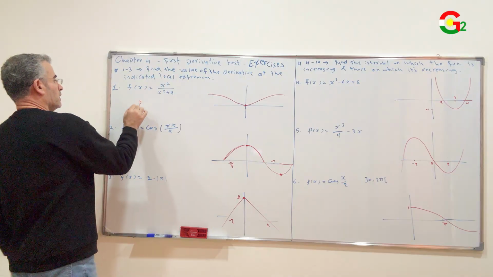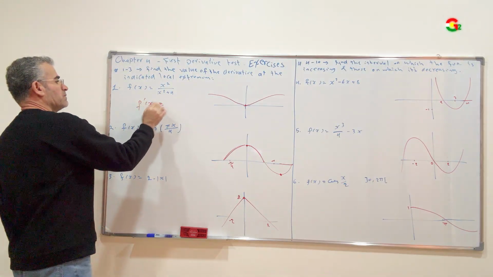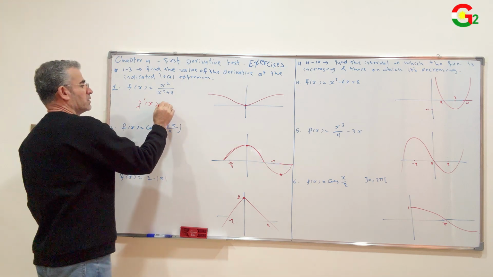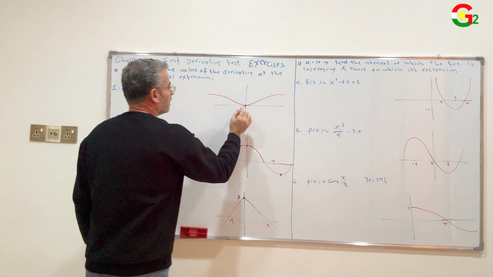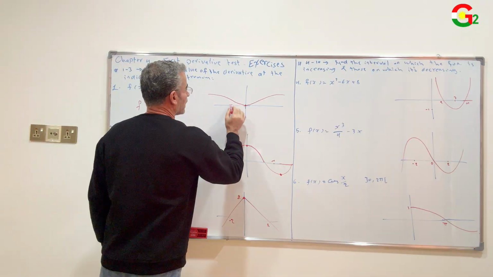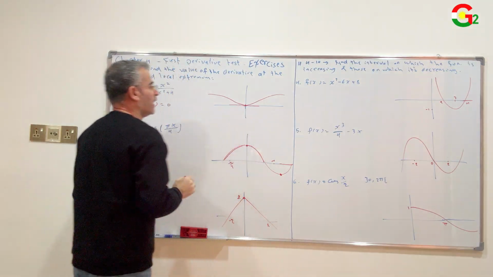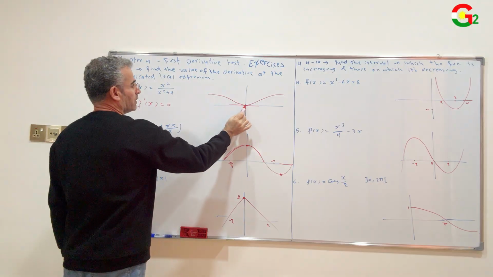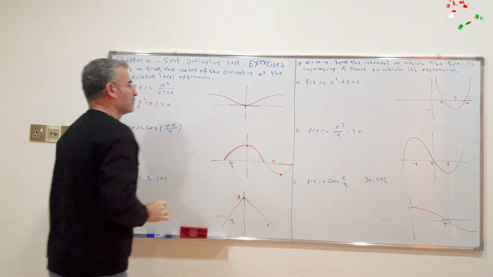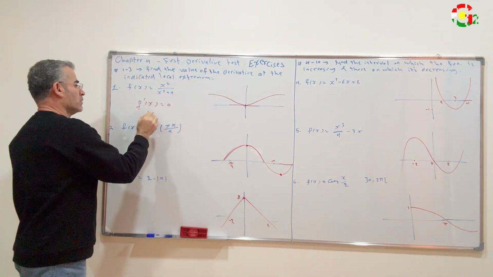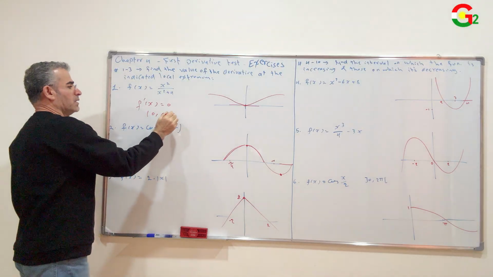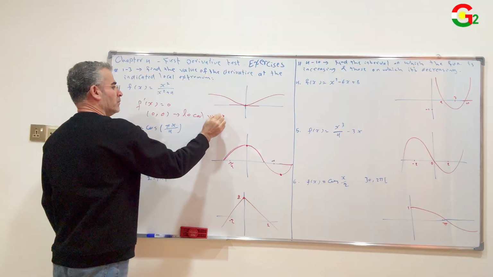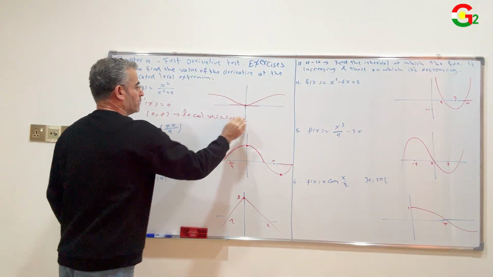F prime of x at this point is 0, since the function has a horizontal tangent line at this point, and the function changed from decreasing to increasing, therefore 0, 0 is a local minimum point.